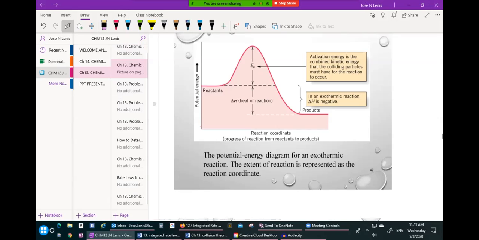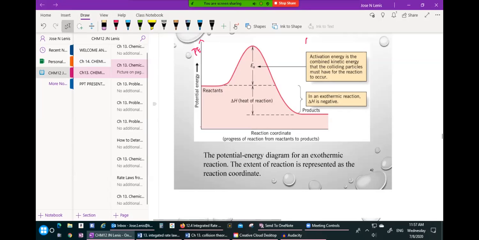Potential energy increases in that direction. We're talking about potential energy in a chemical reaction, where we have reactives and products.